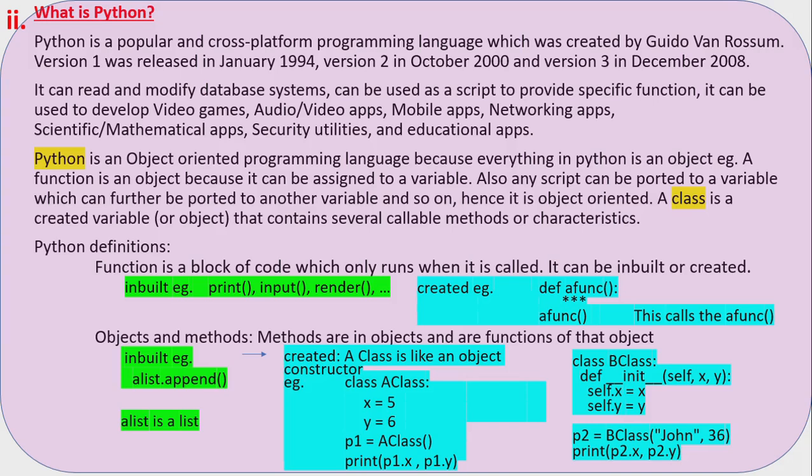So once the request is received, it will tie the file to another context and then return an object which can be rendered in HTML. So these are several examples of an inbuilt function.